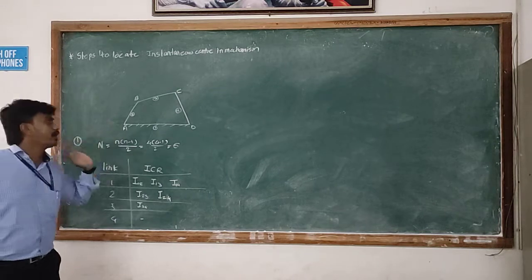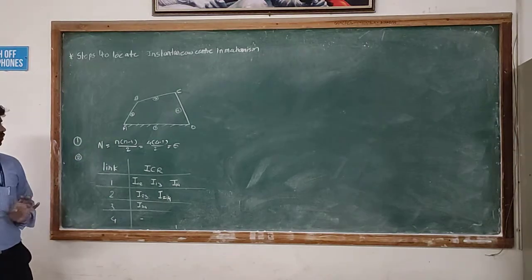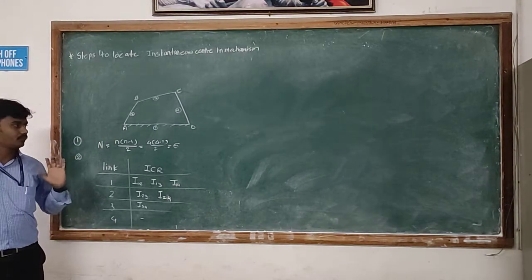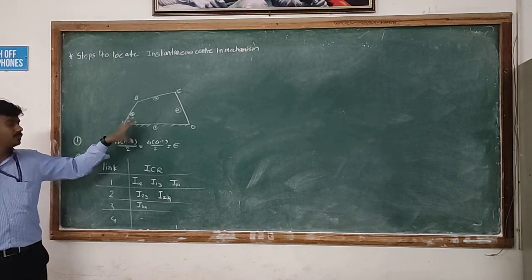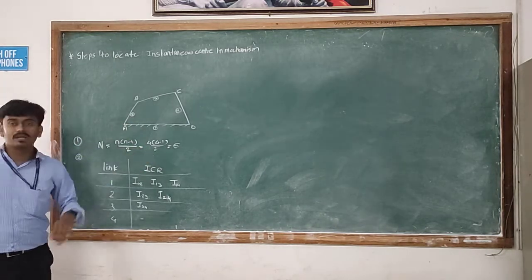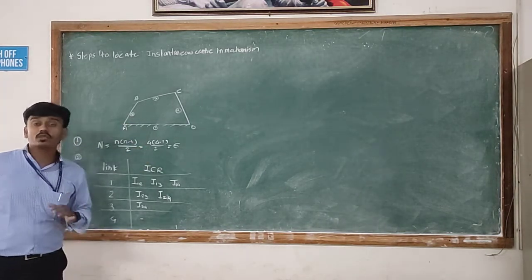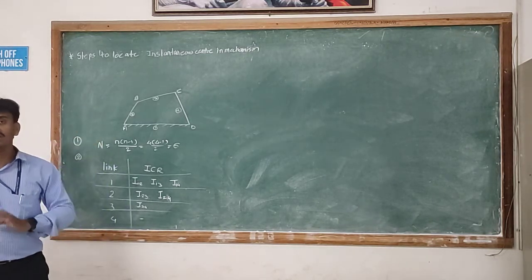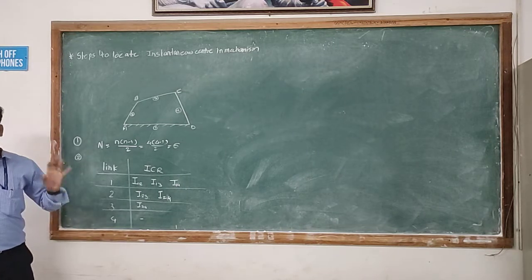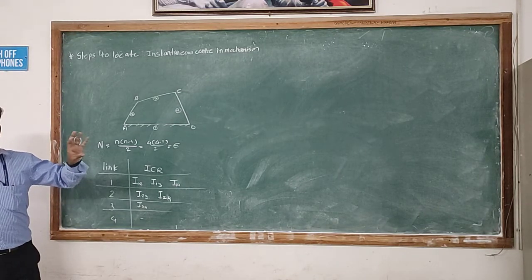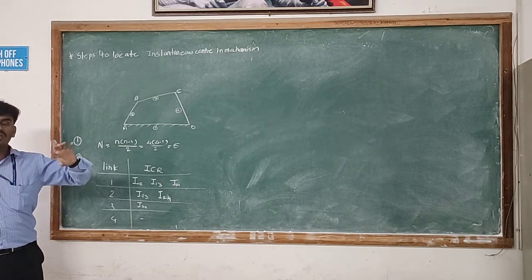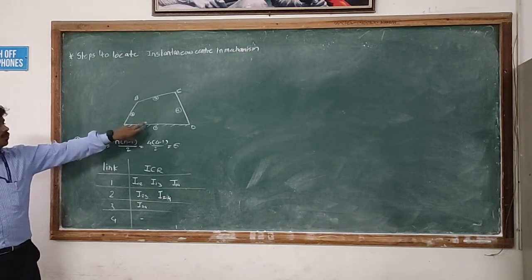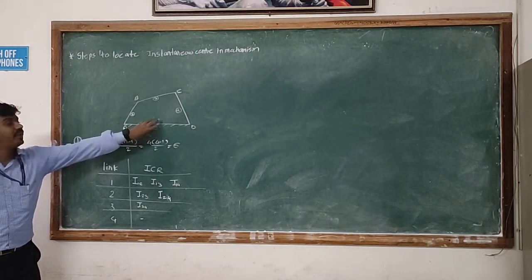Here we have to locate these instantaneous centers. First of all, we will locate the fixed and permanent instantaneous centers. We all know what a fixed instantaneous center and a permanent instantaneous center are. The fixed instantaneous center is the center or ICR which is common to the fixed link.